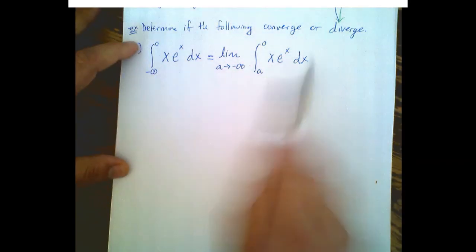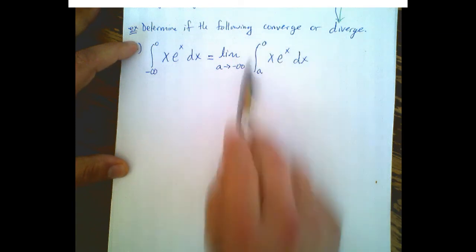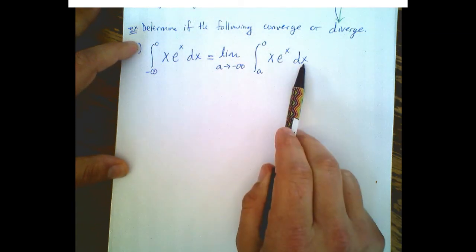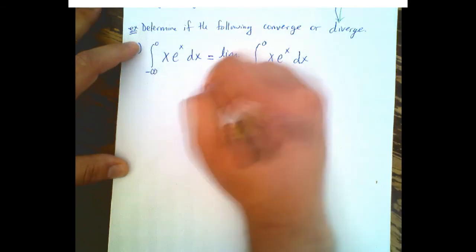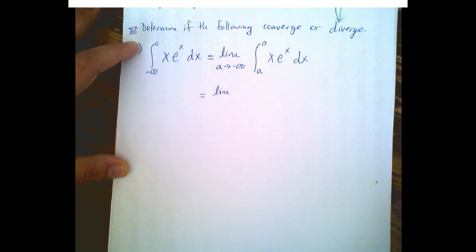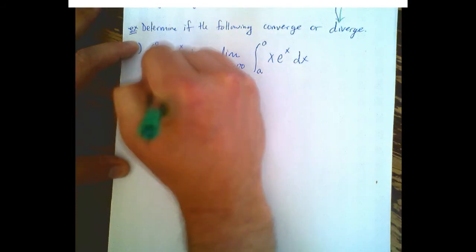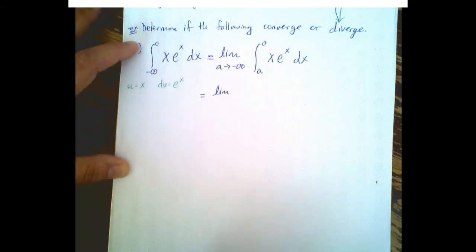Alright, so now we need to evaluate this. So what technique of integration looks useful here? And that would be integration by parts, right? So by integration by parts, our u is x, our dv is e to the x dx.